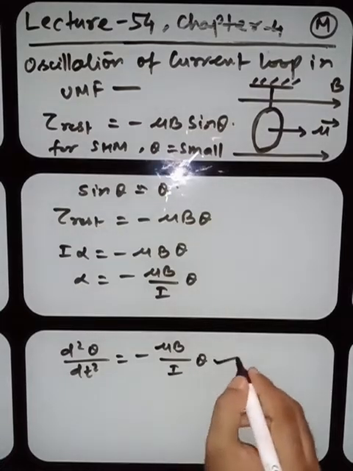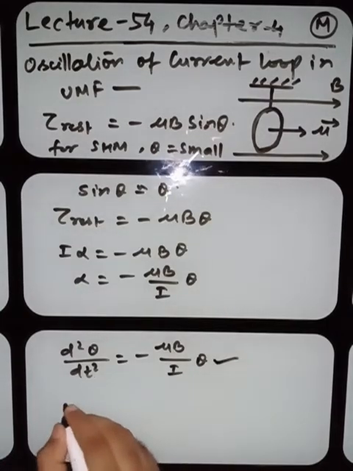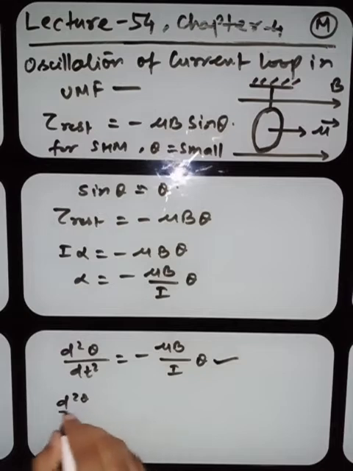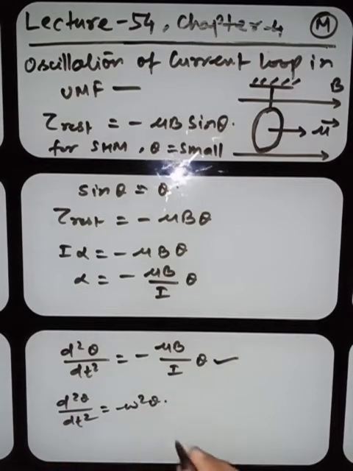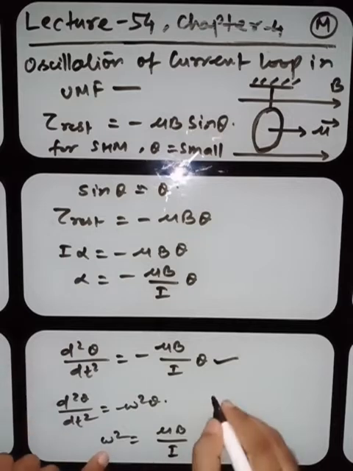Now you have to compare this equation with the standard equation of SHM. What is that? d2 theta by dt square equals minus omega square theta. I hope you remember. It means omega square is mu B by I.